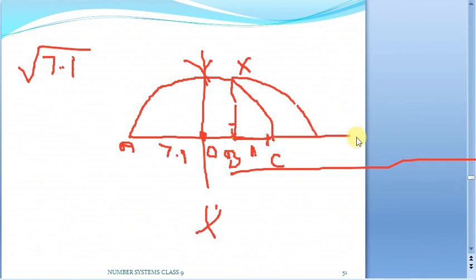So this is our number line. This BX, which is our square root of 7.1, if you assume this to be 0, this length also will be square root of 7.1. So this is how we can represent any irrational number under root on the number line.